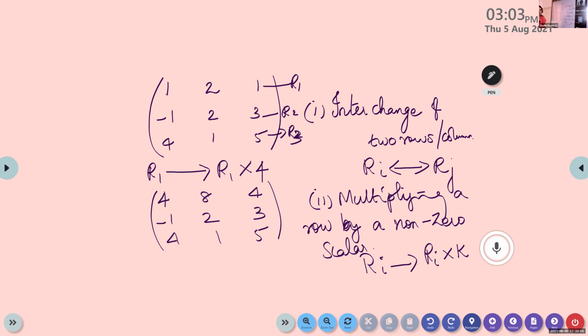The first one is interchange of two rows or two columns. The second one is multiplying a row by a non-zero scalar.